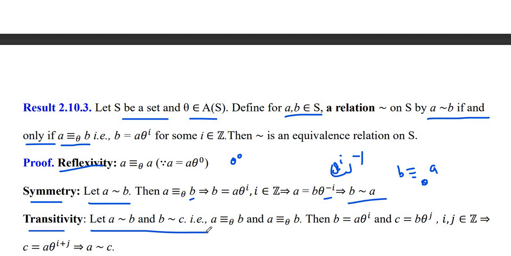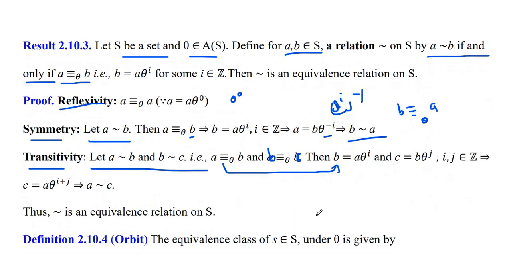And here, let A be related to B and B be related to C, which means A is congruent to B with respect to theta and B is congruent to C with respect to theta. So from the first one, what we have is B is the image of A under theta power i, and this one means C is the image of B under theta power j, where i and j are integers.